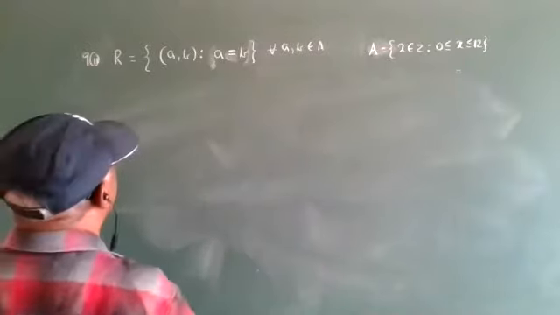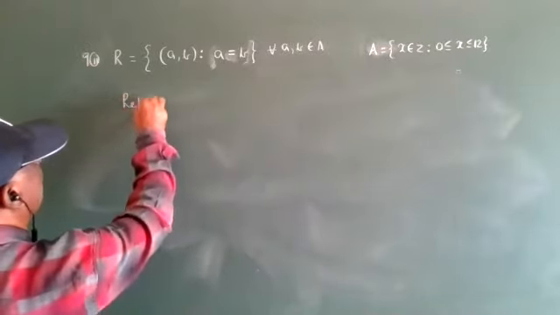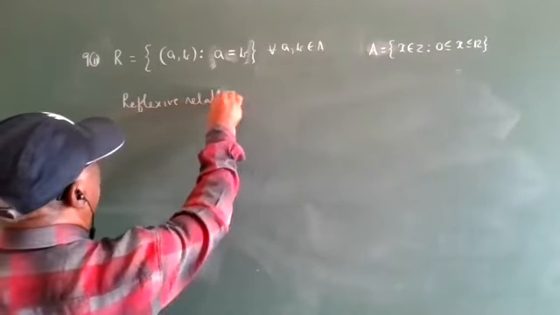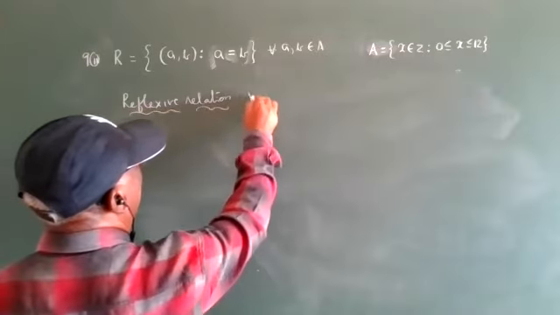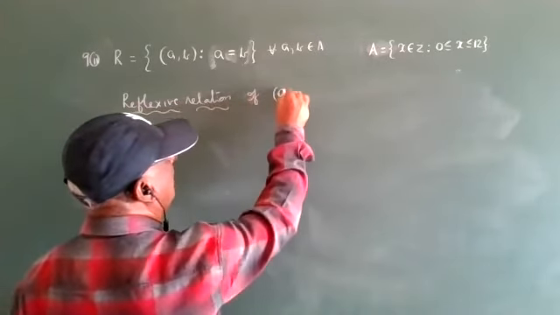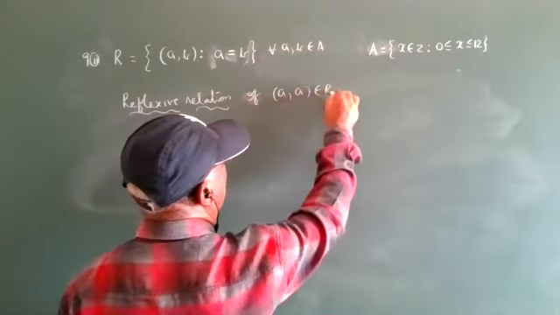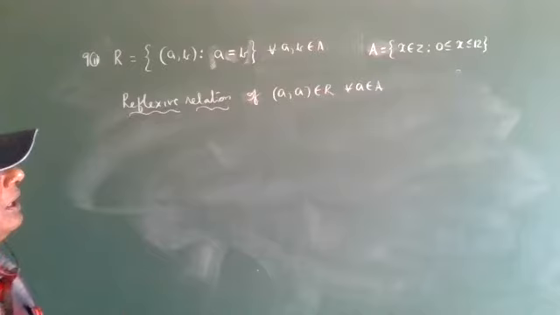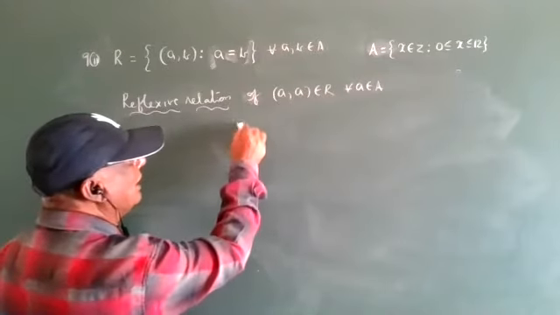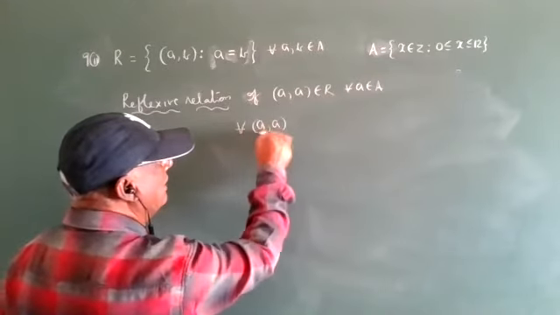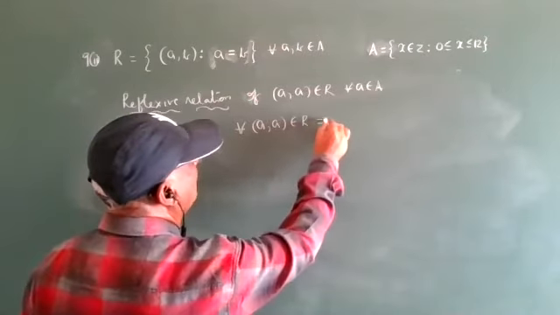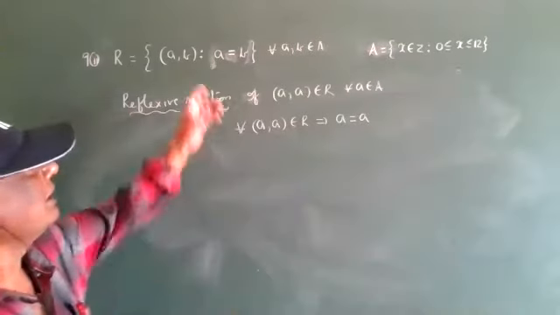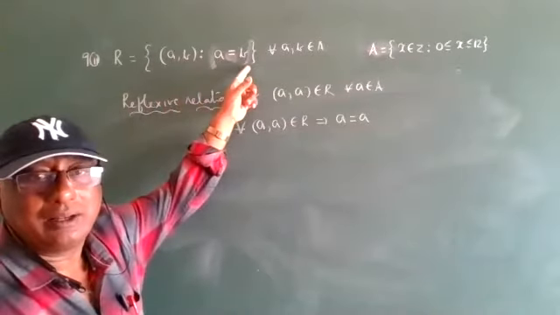First everyone write down reflexive relation. Now see, the reflexive relation is: A comma A belongs to R, for all A belongs to capital A. Here A comma A means A comma B, where A and B are equal.